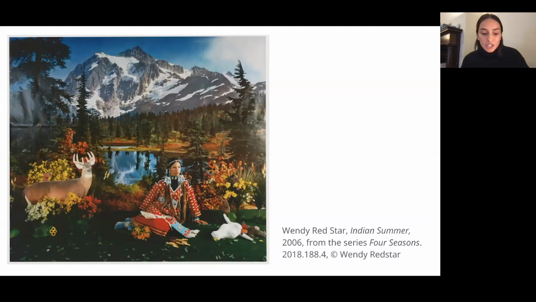She felt that these representations of Native people were putting them into the past and relegating them to a status of a history long gone. Wendy Red Star then was inspired to put together this project in which she essentially recreates the museum dioramas and places herself within them. This photograph is intended to be very ironic.